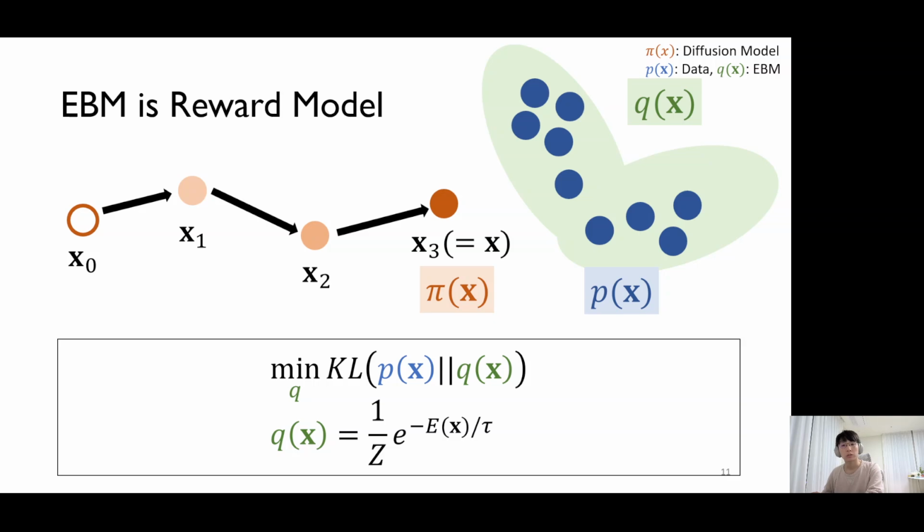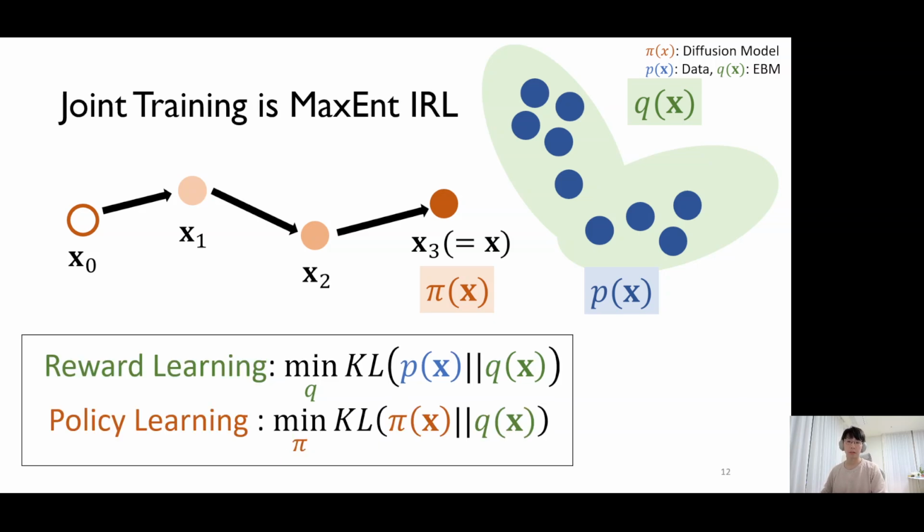Since we are interested in log P, the energy-based model is a natural choice as a surrogate reward model. We can fit an EBM to data by maximum likelihood, which minimizes the KL divergence between the data P and the EBM Q. Once the EBM is trained, the diffusion model pi can be optimized using log Q as the reward.